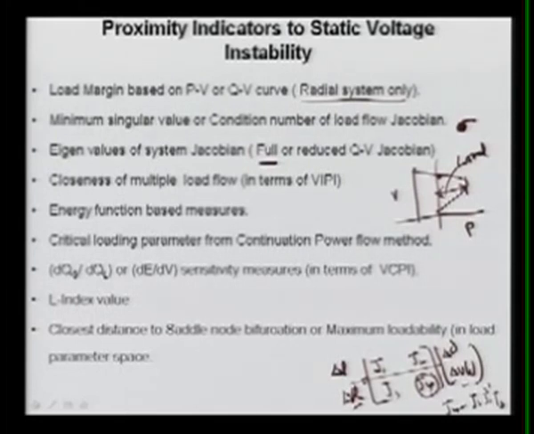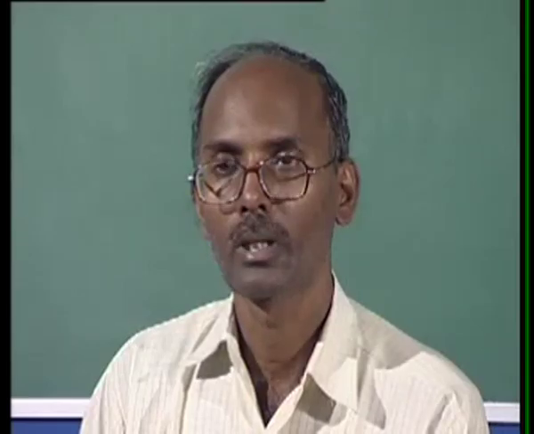Another is the closeness of multiple load flow solutions, in terms of voltage instability proximity indicators, VIPI. Normally, as power flow equations are nonlinear, we can have various solutions. So, multiple solutions are there.